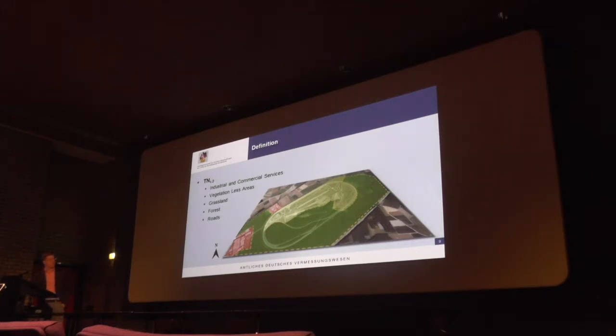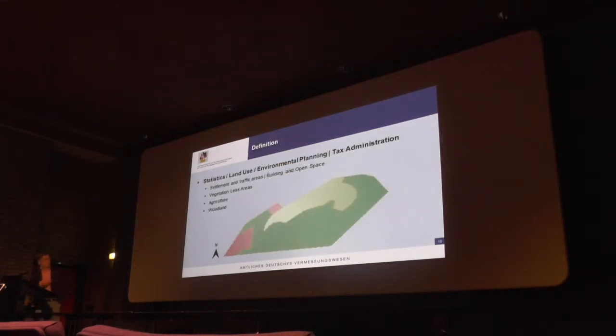And that's a problem, because in our data we have just one version. And the operator who gets the information takes a decision if it's more a cover information or more a use information, the same field for the tax administration.